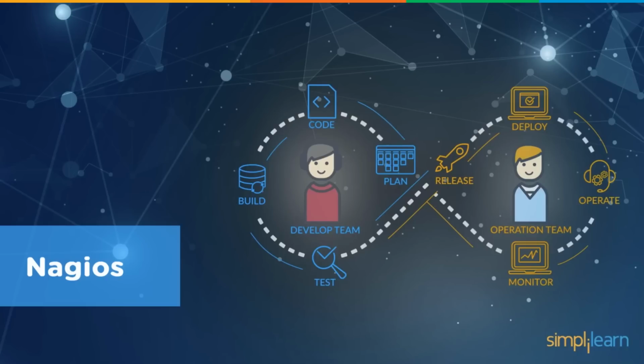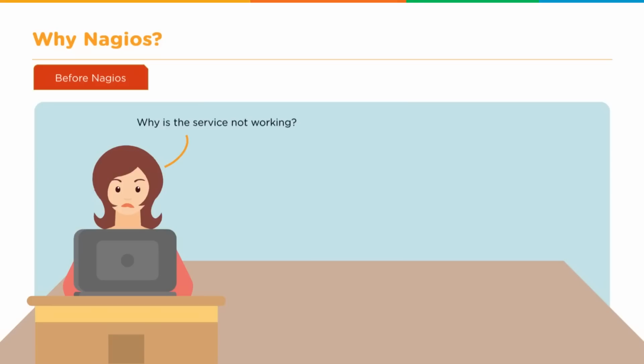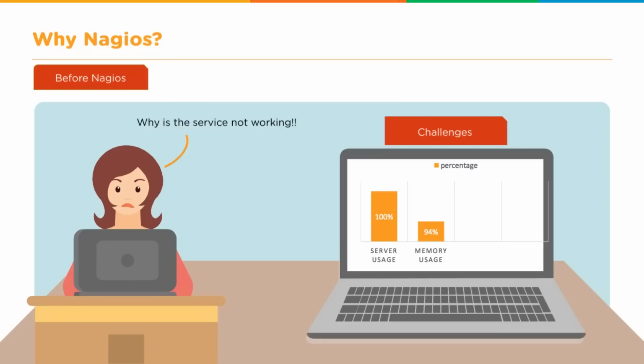Now let's step into our final area, which is network monitoring using a tool called Nagios. So before you had Nagios, sometimes you didn't know whether or not your network was working. In fact, the worst case scenario was when your customers called up and said, hey, your website's not working. The challenge you had is that you didn't know how the usage of the server was being managed.